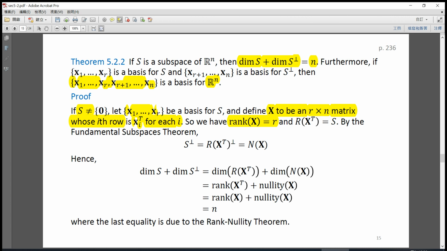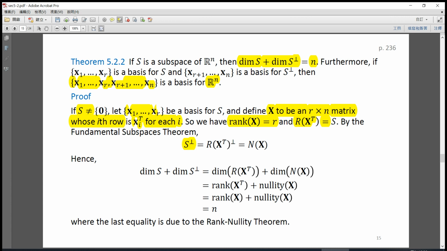And we also have the column space of X transpose equals S, because the ith column of X transpose is x_i. x_i is the ith element in the basis for S. So the column space of X transpose equals S. Now we can compute S perp.